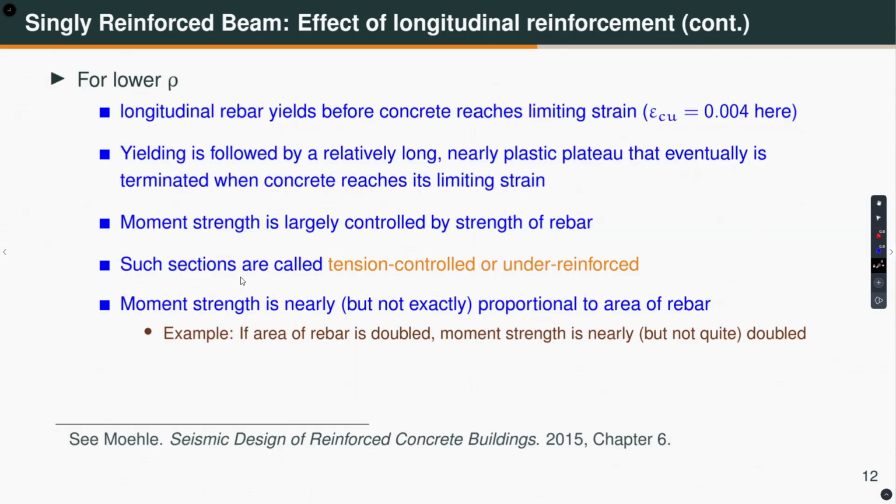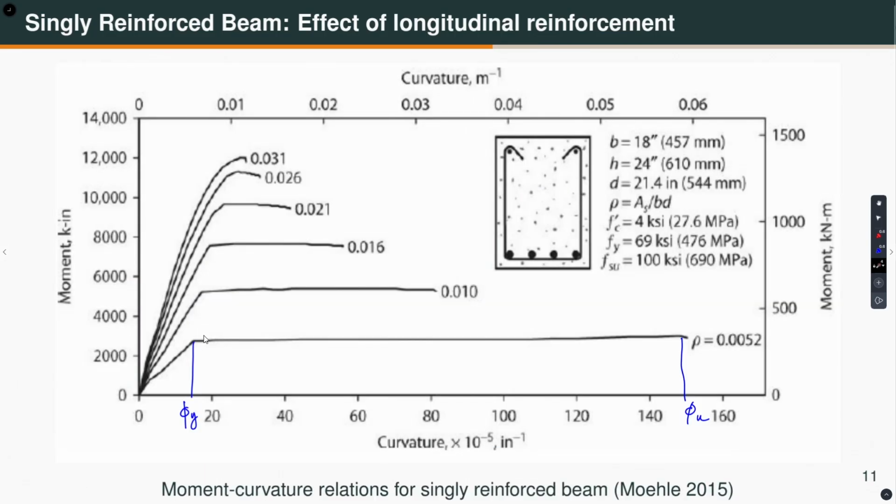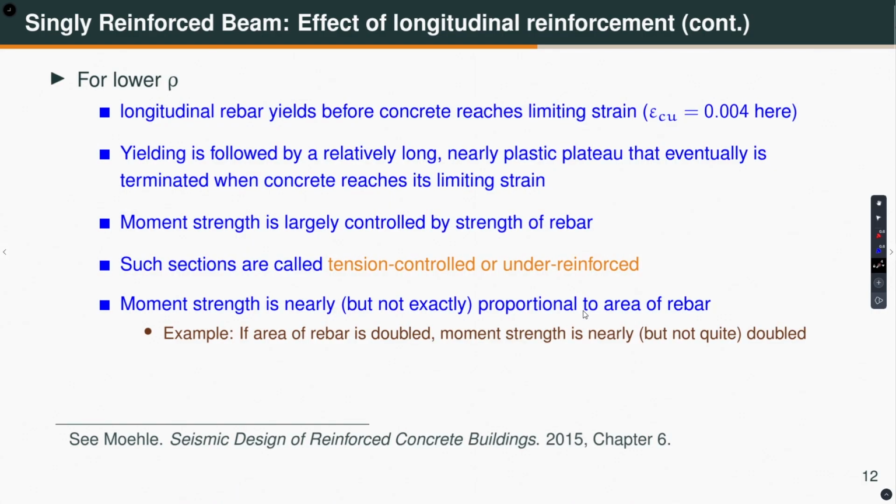So, this is what I have tried to write here. Longitudinal rebar yields before concrete reaches its limiting strain. In this example, it is taken as 0.004. And as you can see, yielding is followed by a relatively long, nearly plastic plateau that eventually is terminated when concrete reaches its limiting strain, which in this case is taken as 0.004.